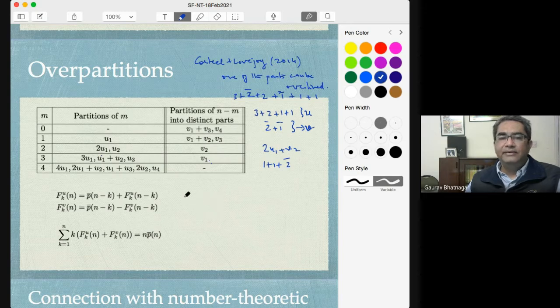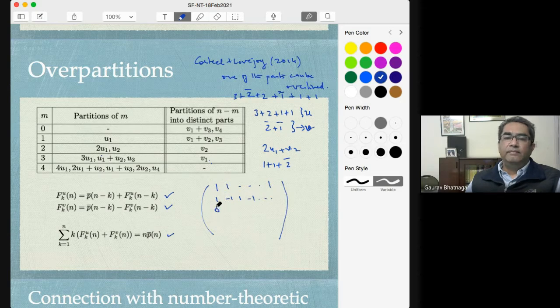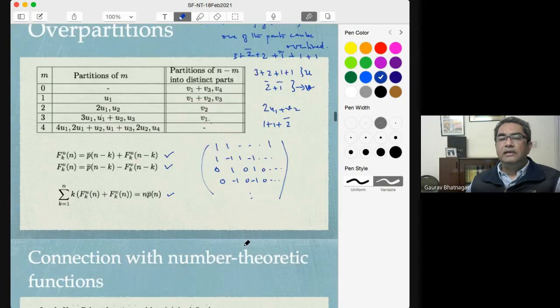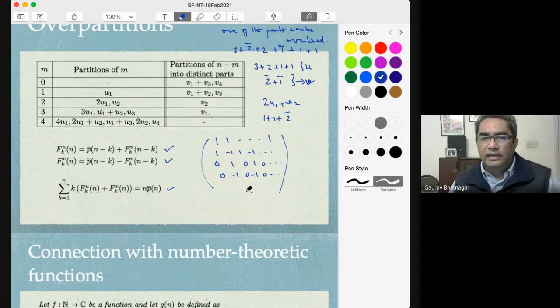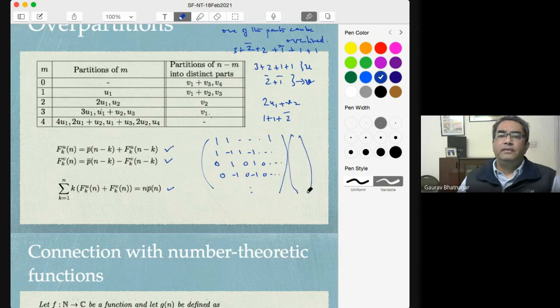And that's it. And here we have 2 frequency functions. One, the ordinary type, one for distinct parts, and a similar kind of thing. And the matrix looks like this. So you put a matrix for the ordinary partitions, and you put a matrix for distinct partitions. Or you can add the 2 and do it, and then you will get P0 up till Pn minus 1 here, and here there are bars, let's say, and then here you'll get frequency.